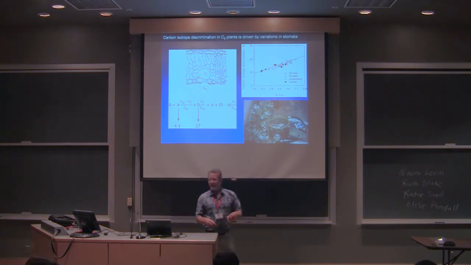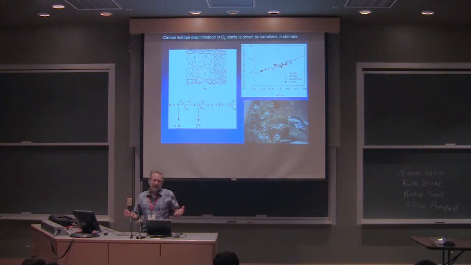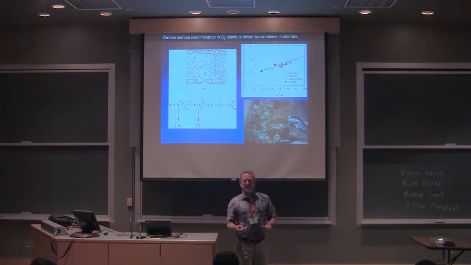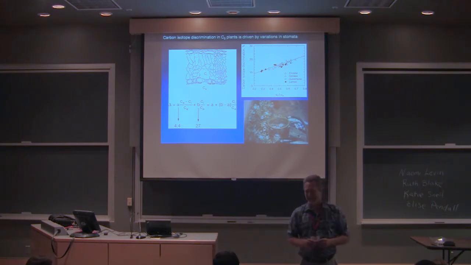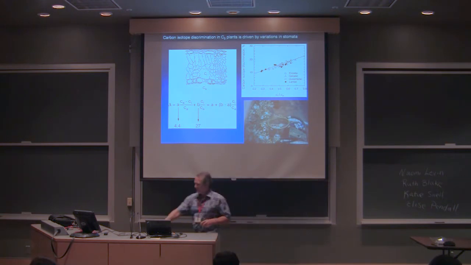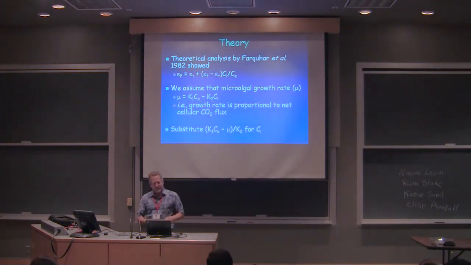You can change the humidity and temperature in there, and you get a nice experimental system. Can we measure the internal concentration of CO2 inside a marine microalga? Nah, we can't do that. But we can draw upon this theory.